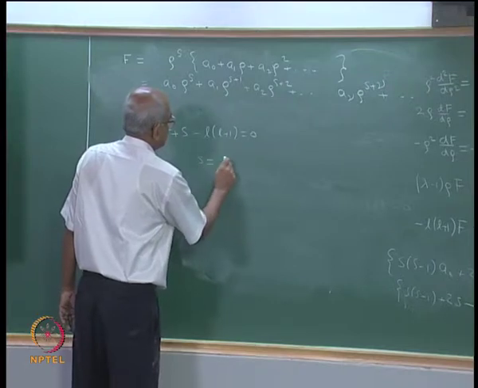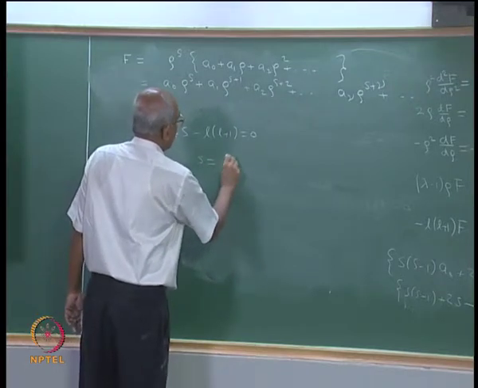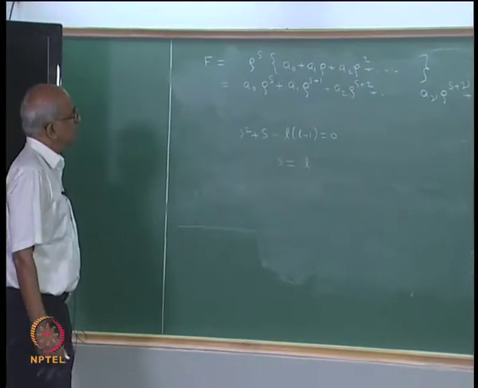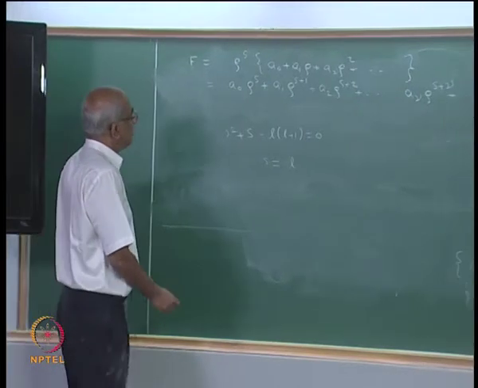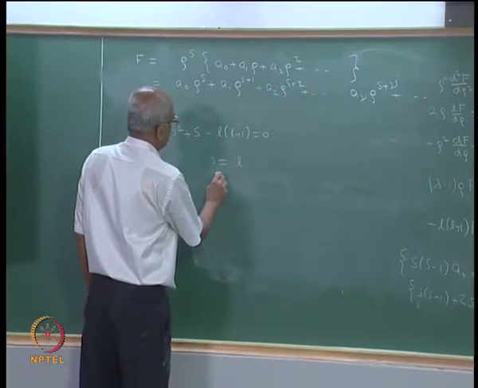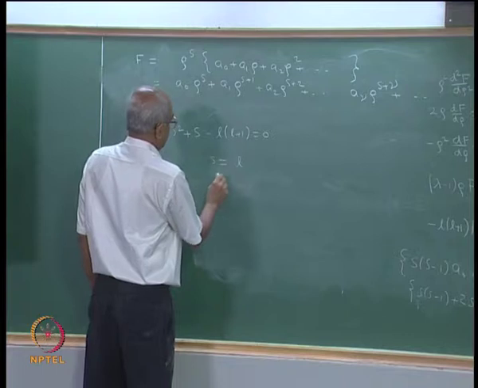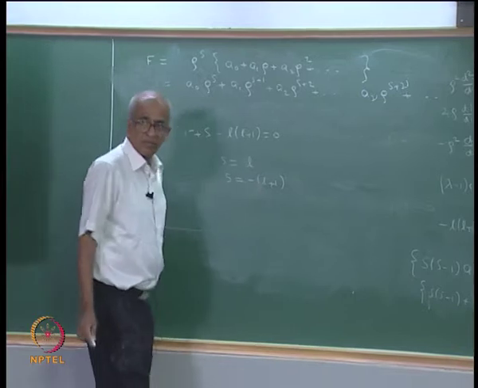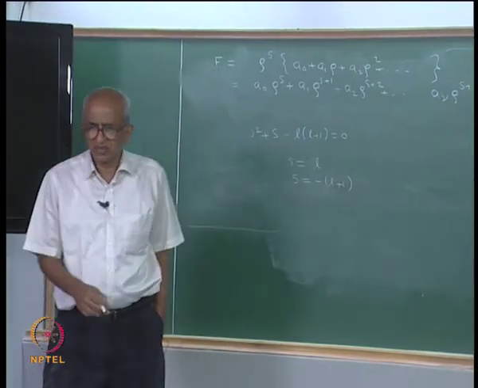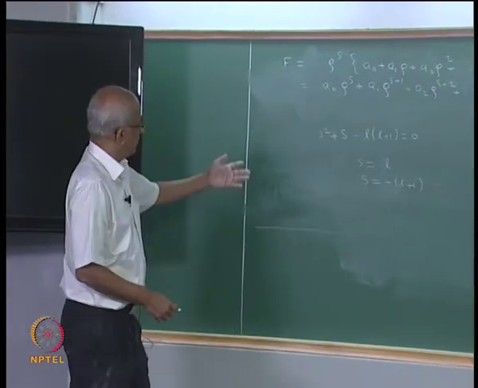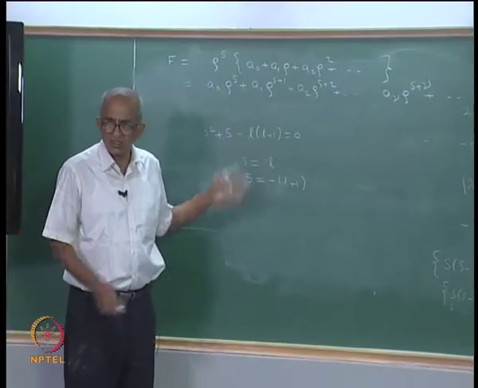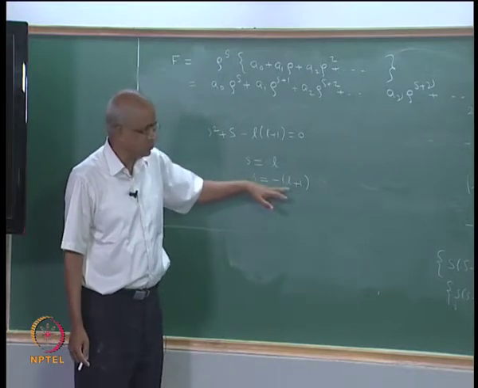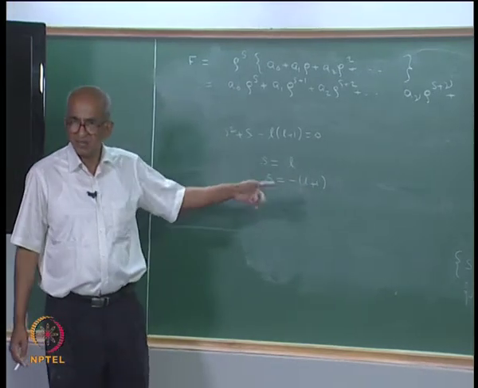One is actually s is equal to L and the other is actually minus of L plus 1. Maybe you can verify this. If you solve this quadratic equation in s, you will get two solutions. One is s is equal to L and the other is s is equal to minus L minus 1.